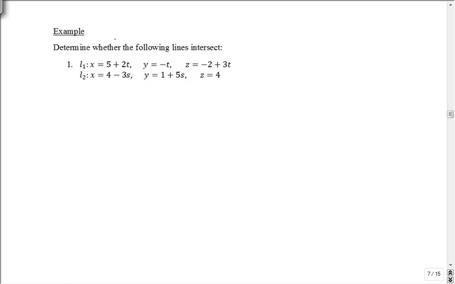For the x's, we have 5 plus 2t equals 4 minus 3s. I'll bring the t's and the s's to one side, and so we have 2t plus 3s equals minus 1. Let's call this equation 1.